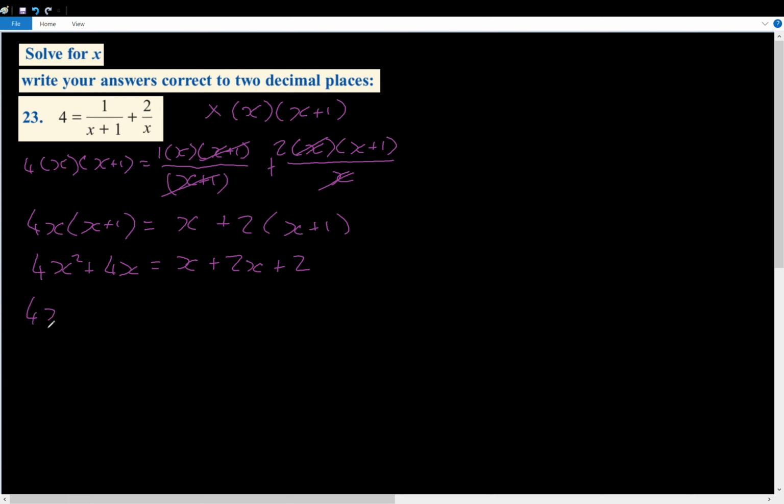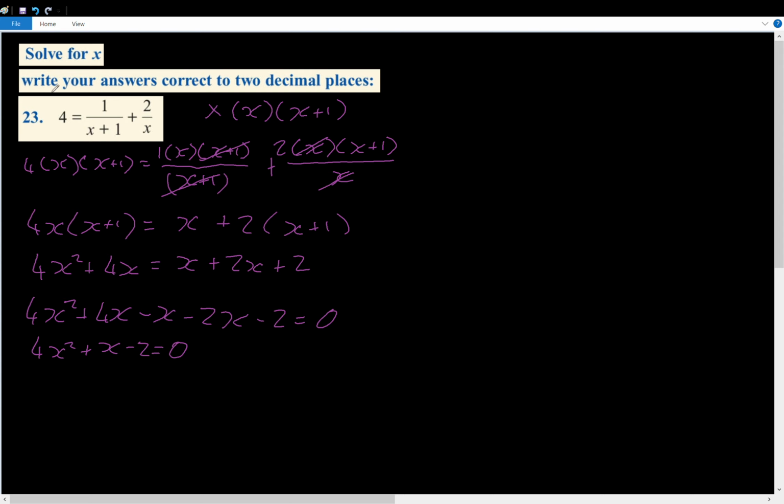So we're going to get 4x squared plus 4x minus x minus 2x minus 2 is equal to 0. And when we tidy that up, we're going to get 4x squared, and then 4x minus x minus 2x is just x, and we have minus 2 in the end. So now we've formed our quadratic.